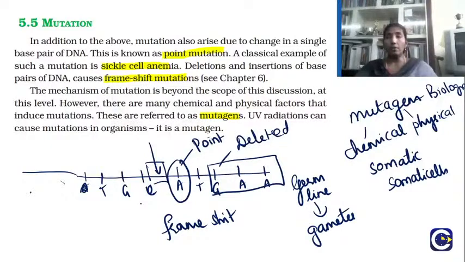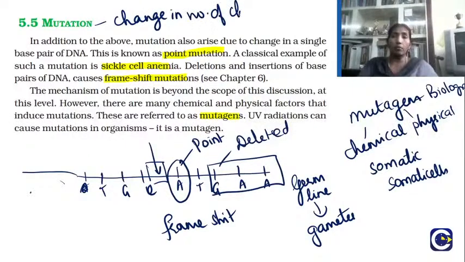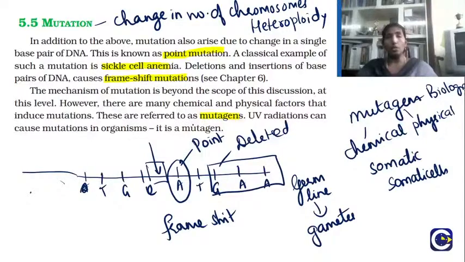Or it can be a frame shift mutation like deletion or insertion, as I have told you. If there is a change in the number of chromosomes, we call that heteroploidy. There are many things beyond this: polyploidy and aneuploidy, which I will keep explaining as they come.